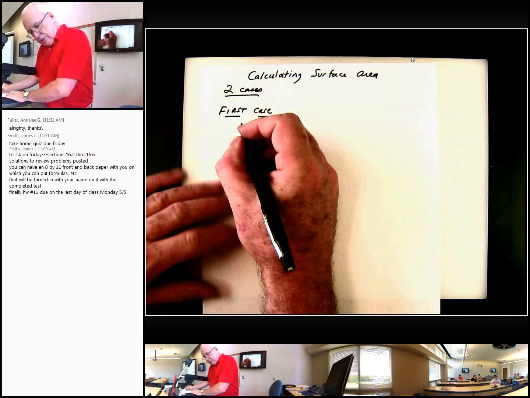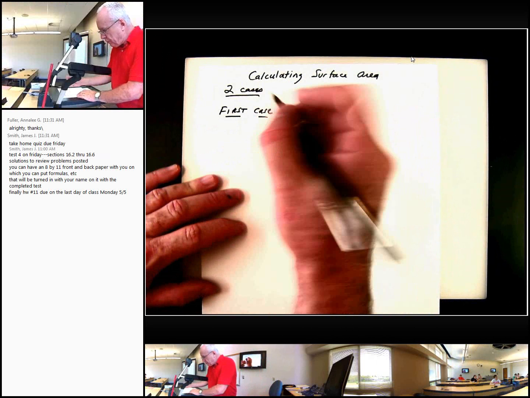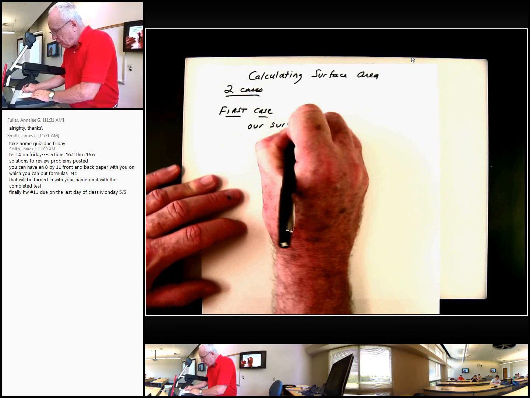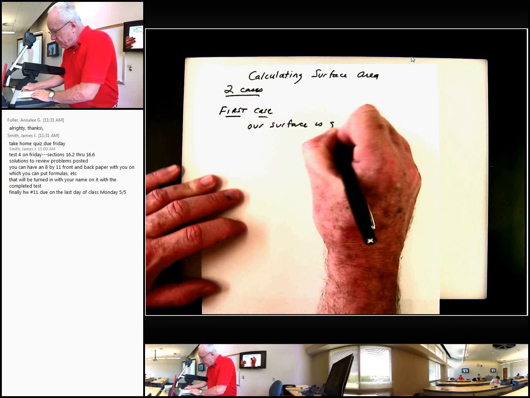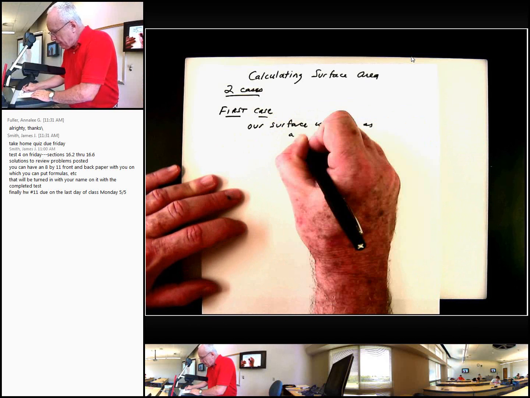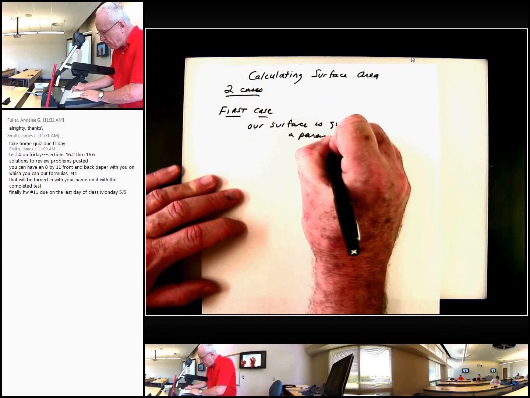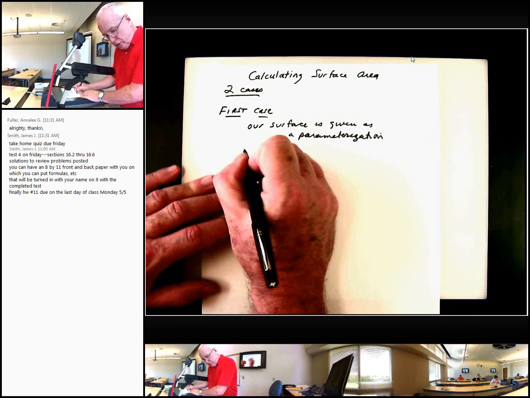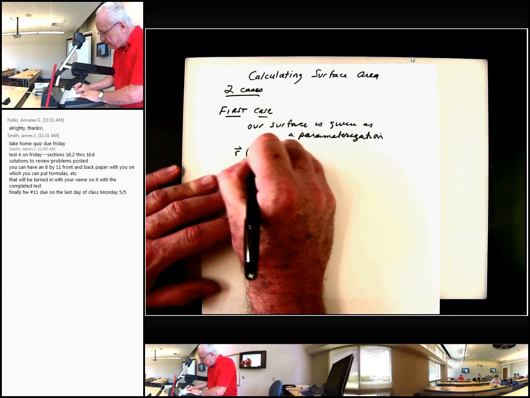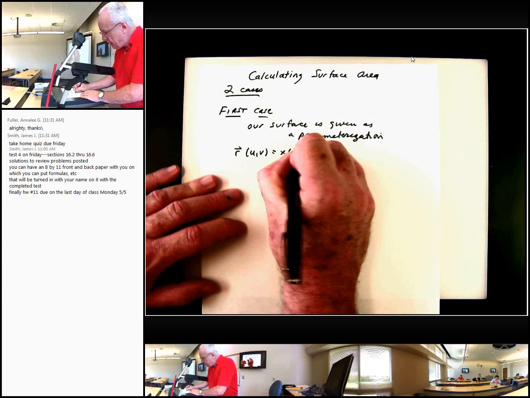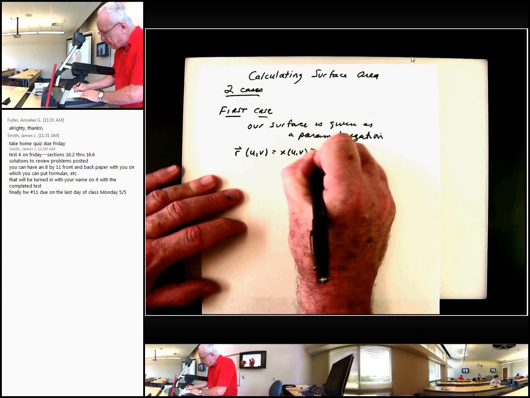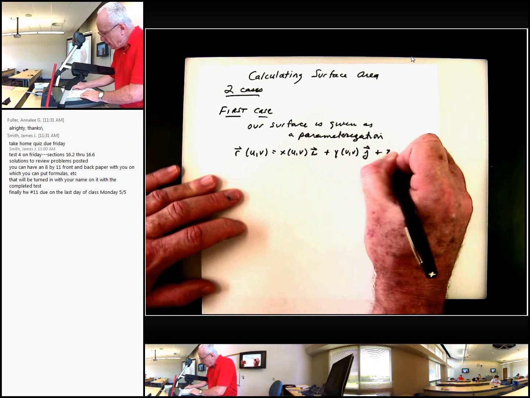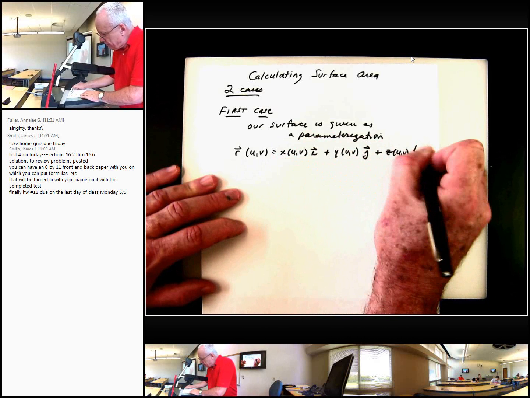So the first case is our surface is given as a parameterization, which is what we've just been talking about. R of uv, a vector function, equals x of uv times vector i plus y of uv times the vector j plus z of uv times the vector k.